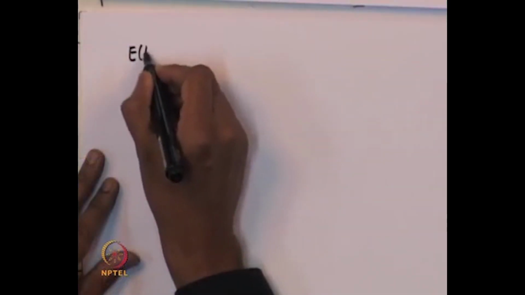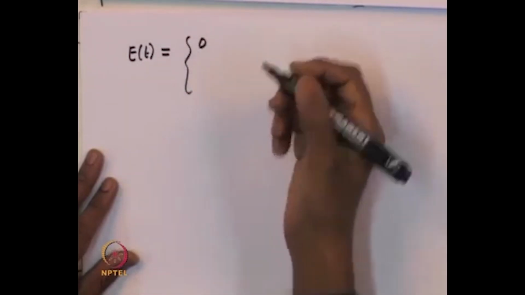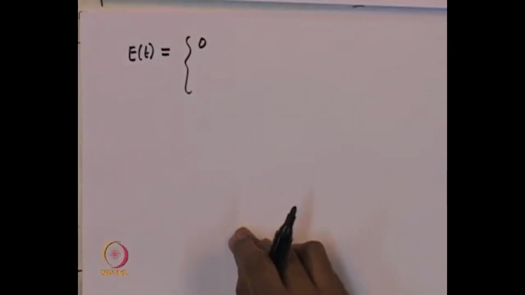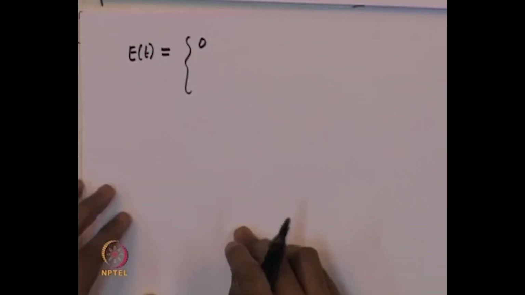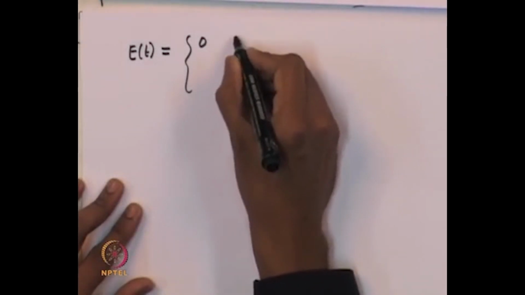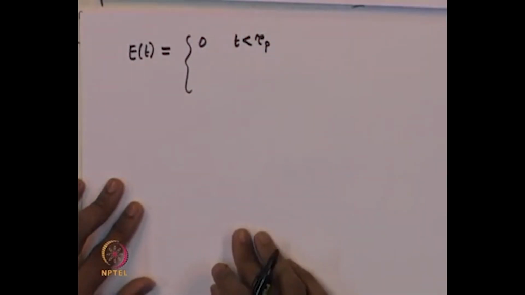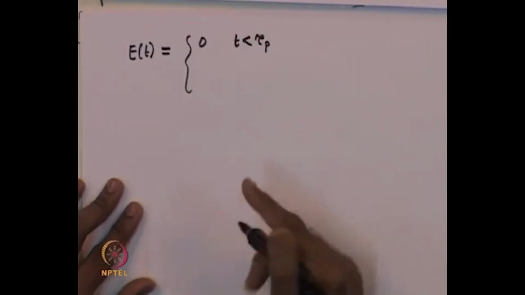Based on these observations, we can intuit the residence time distribution function E of t. Because the output is delayed, no output will come out of the plug flow reactor till the space time of the plug flow reactor, which means E of t is 0 for t less than tau p, the space time of the plug flow reactor.